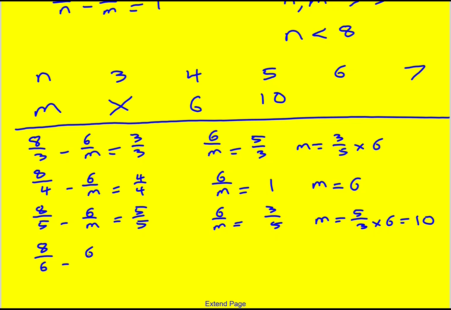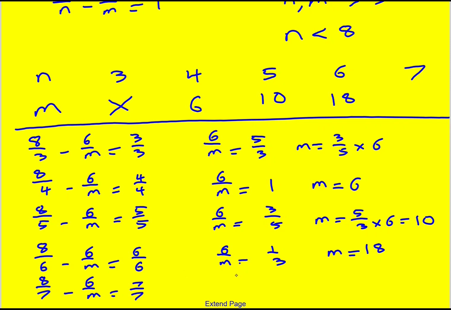Eight over 6 minus 6 over m. 6 over m is going to be a third. So m is going to be 18. Six over m is 1 over 7. M ends up being 42.